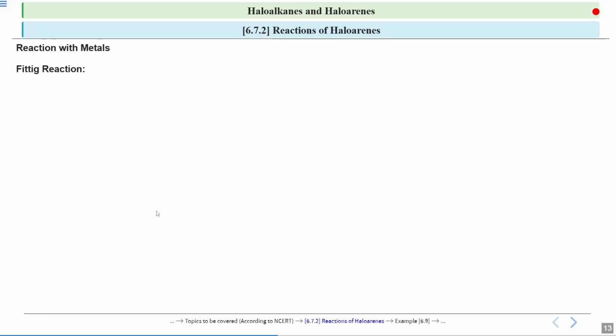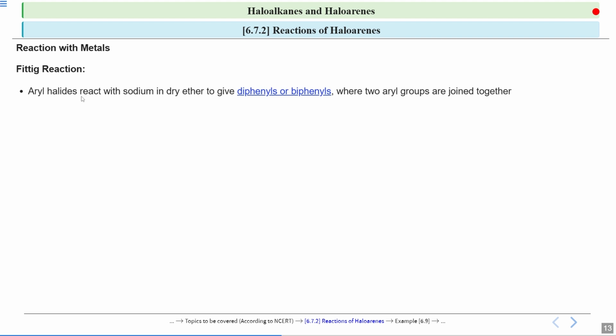The second type is the Fittig reaction, where the haloarenes also react with metals. First is Wurtz-Fittig, second is Fittig reaction. Now they are somewhat similar, but what is the difference? Aryl halides here react with sodium in dry ether to give diphenyls or biphenyls. Here the alkyl halide doesn't get involved in the reaction.